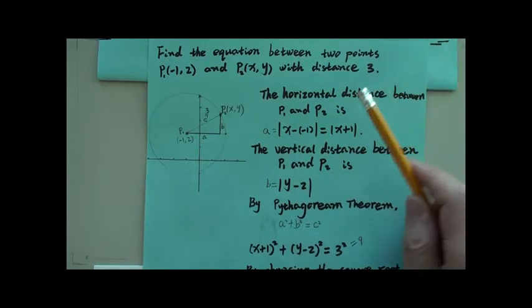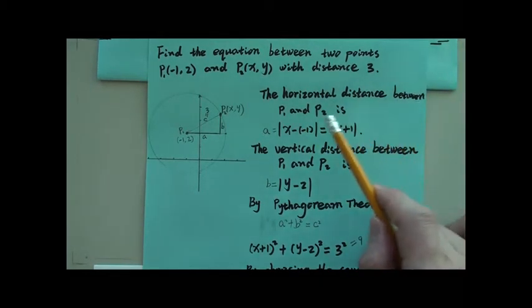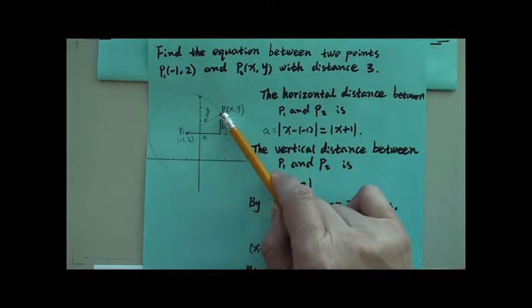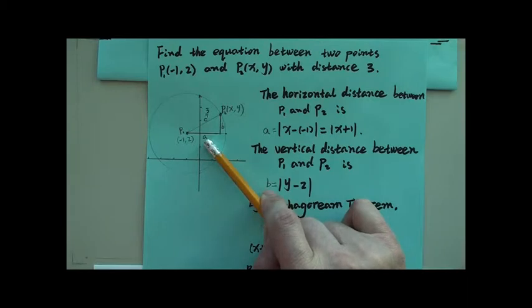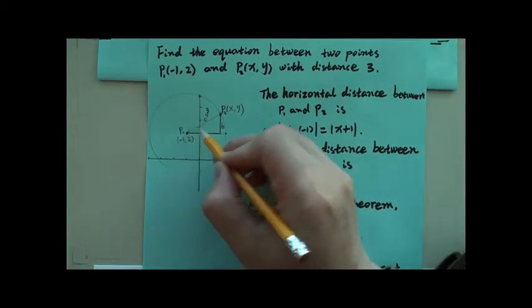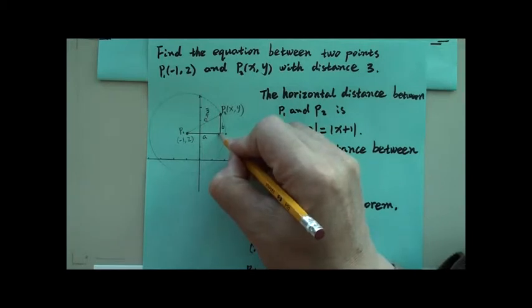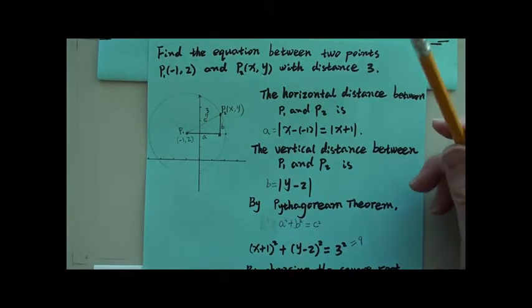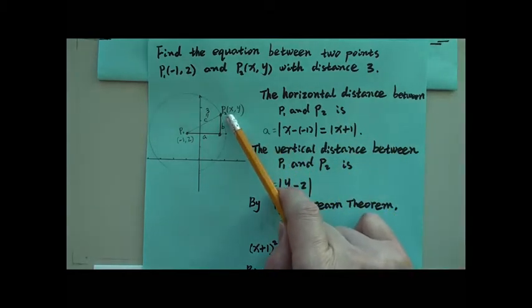We know the horizontal distance between P1 and P2 is A, this part, from this point up to this point. Horizontal distance is the difference of x's.